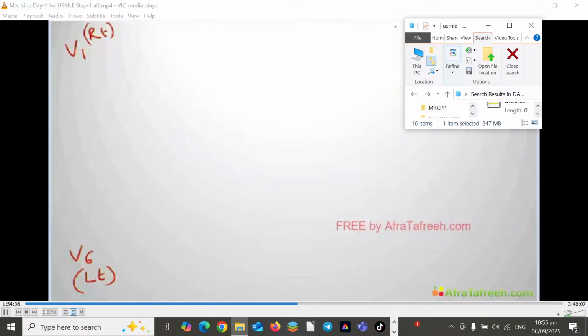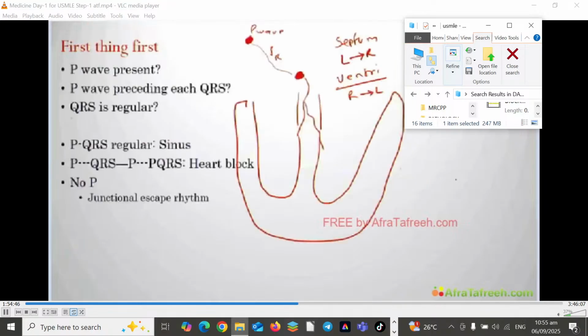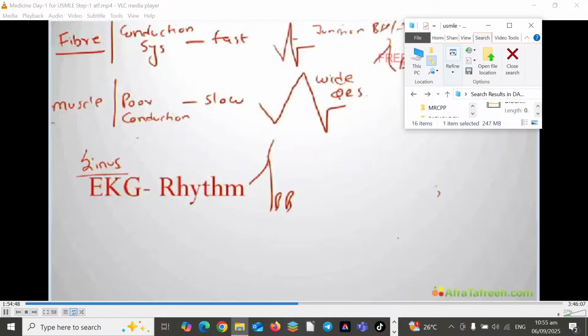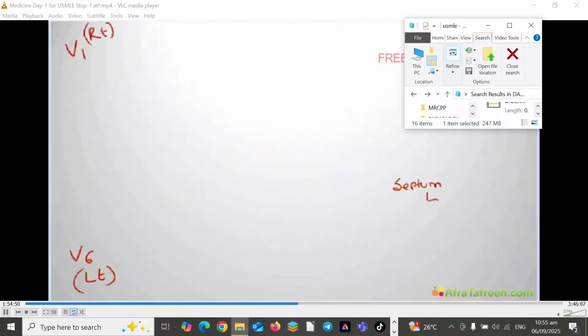The septum, because of the magnitude that is required for conduction, would be left to right. First thing in the ventricle that gets activated is the septum.